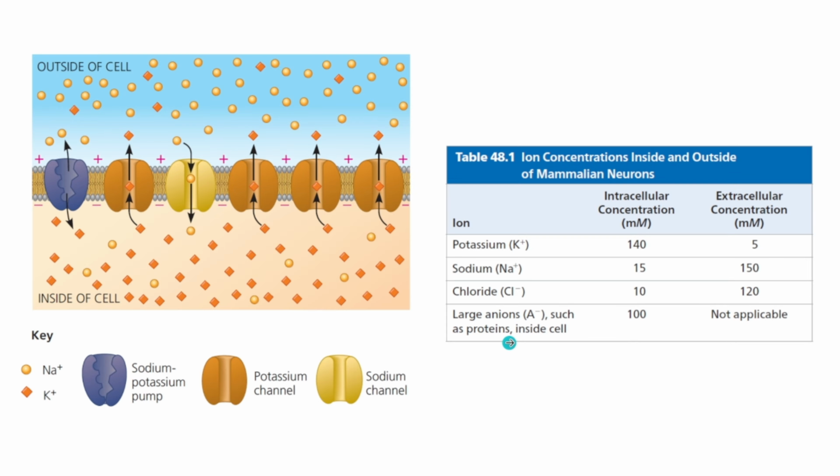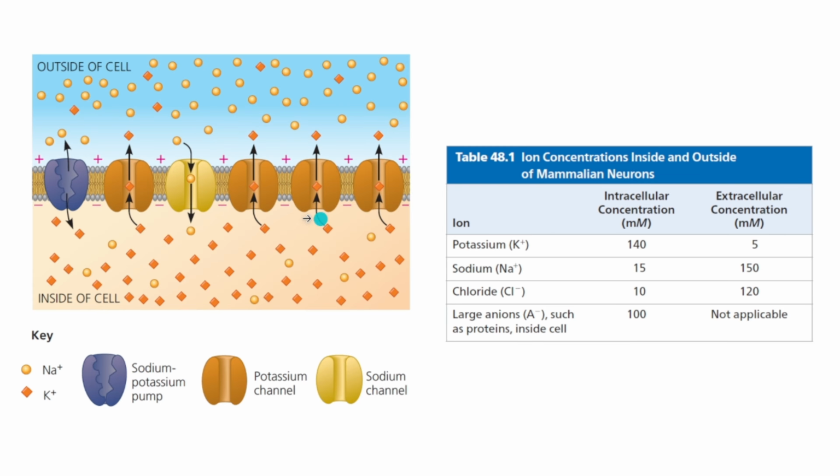Inside the cell there is not only potassium and sodium, we also have large anions, normally proteins like amino acids, which are large and negatively charged.